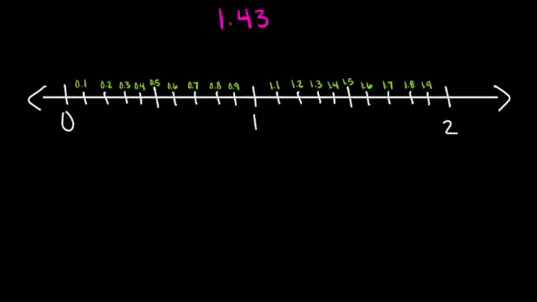I don't want to plot 100 tick marks in between my whole. So I'm going to say, well, 1 and 43 hundredths is going to be between 1 and 4 tenths and 1 and 5 tenths. So I'm going to zoom in between those 2 tenths.